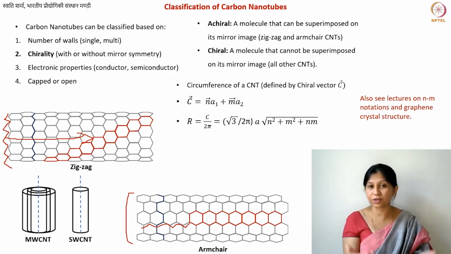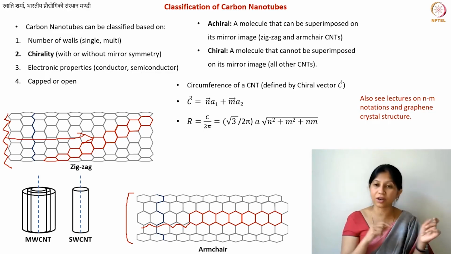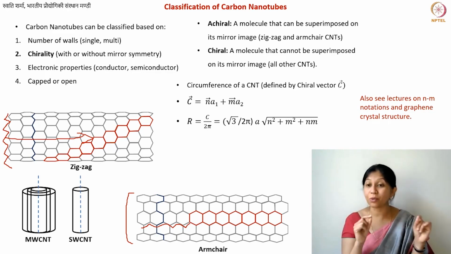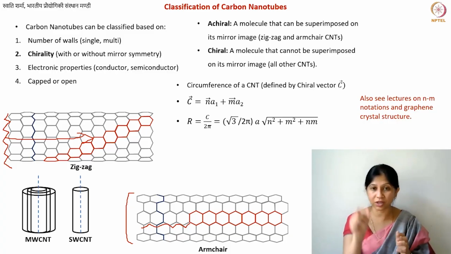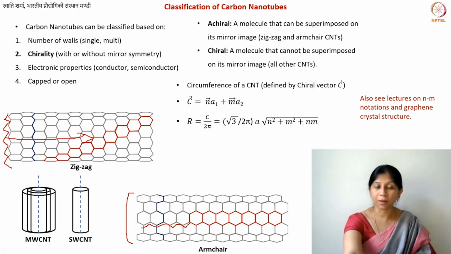The radius is C divided by 2 pi, where C is the circumferential vector, and then there is a particular formula which relates it to the n and m coordinates. I have not been very careful with the vector notations here, so just see that C also has a vector notation here.